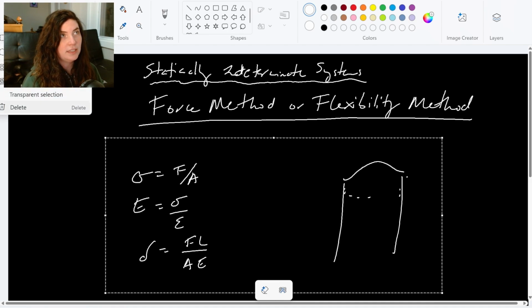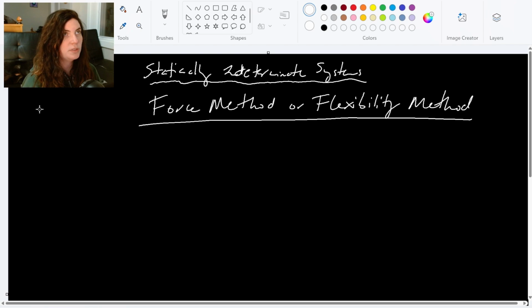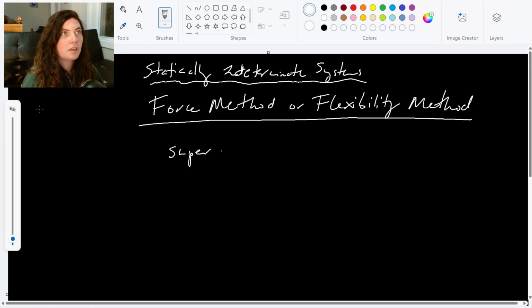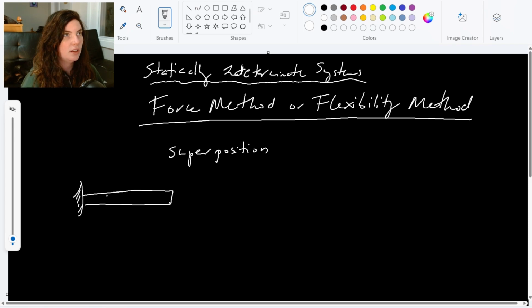So what is superposition, right? Superposition just means that we can add the stress or displacement caused by each individual load separately. So this concept of superposition is, let's say we have our beam here, it's attached to a wall, and let's say there's a force P1 on it and another force P2 on it.